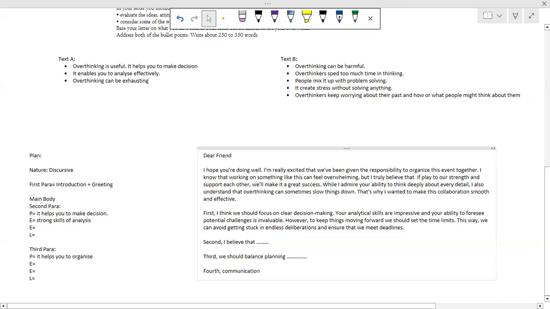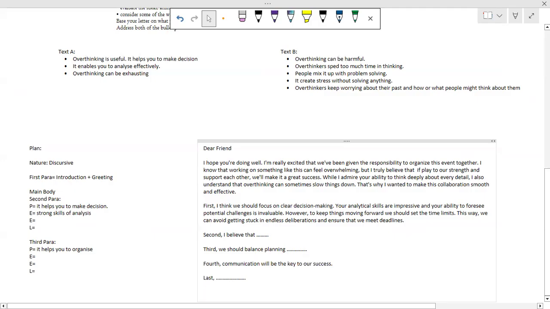So I can say, fourth, communication will be the key to our success, right? And in order to introduce your last point, you are not going to say fifthly, you are going to say last, and whatever point you want to introduce, you can add here. So in this way, your effective paragraphing can be done, and the linkage between your paragraphs would be expressive.